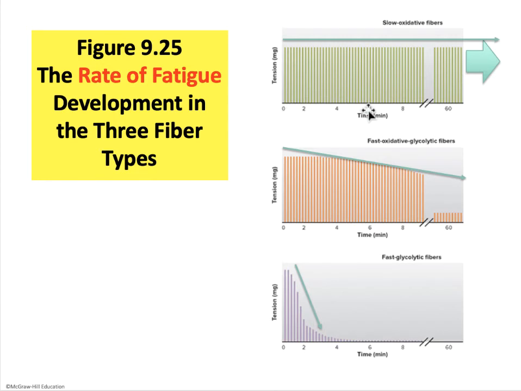So the first type of fiber is the slow oxidative fibers, and they can maintain a tension over a long period of time. The second type are the fast oxidative glycolytic fibers, and they do fatigue but slowly over time. And then lastly are the fast glycolytic fibers, which do fatigue rapidly, and these are used only for short bursts of activity.